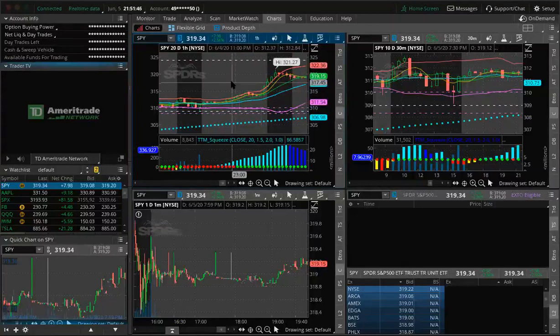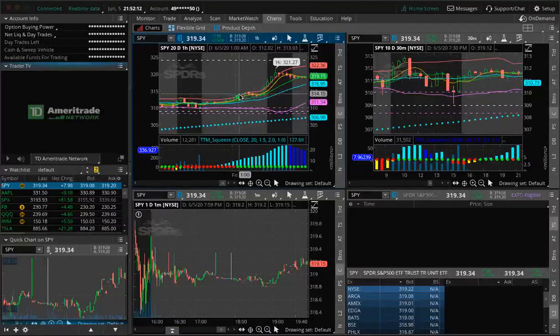If you were using the TTM squeeze indicator today, you would have seen that SPY was squeezing on the 1 hour chart, and we began to get bullish momentum. What does that mean? What should I be anticipating next? Bullish move, breakout. Yes.